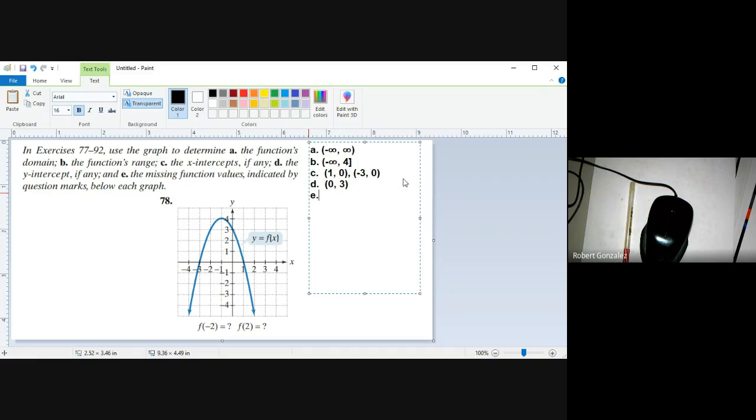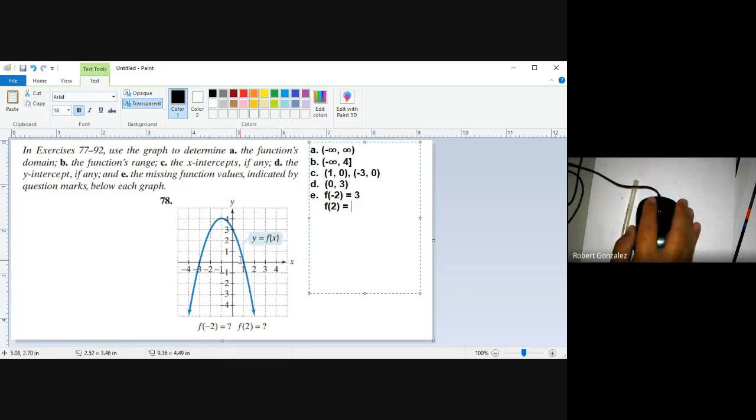And for E, I've got to find the missing values. First, I have to find f of negative 2. And to do that, I'm going to go to negative 2 on the x-axis, and I'm going to go up to the graph. I can see it hits right here at this corner. That's negative 2, 3. So I put a 3. How about what is f of 2?